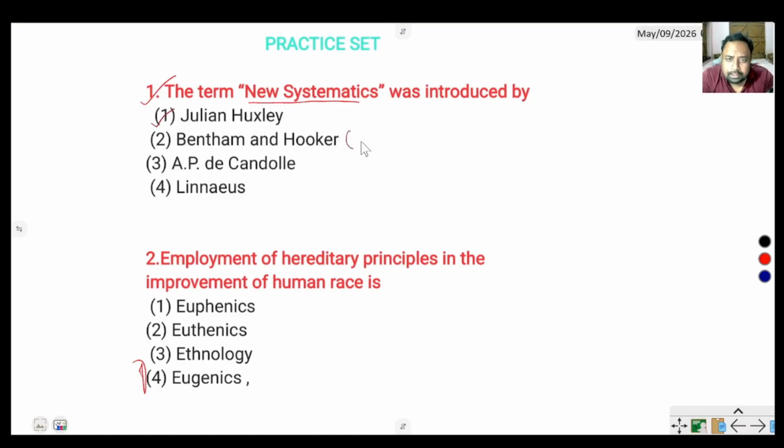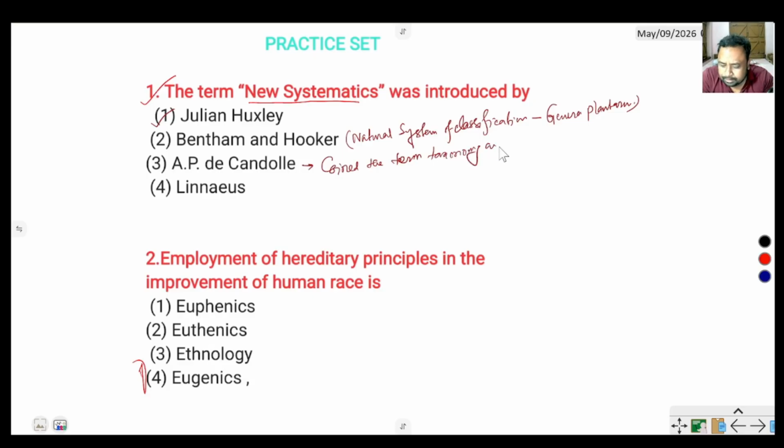Bentham and Hooker proposed the natural system of classification in their book Genera Plantarum. A.P.D. Candolle coined the term taxonomy and the internal biological clock.